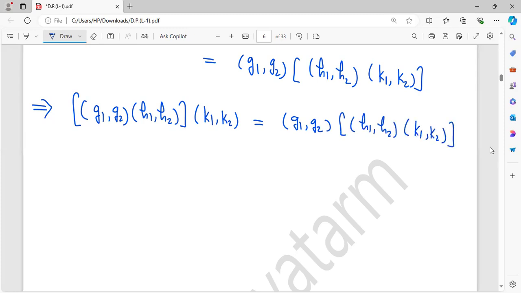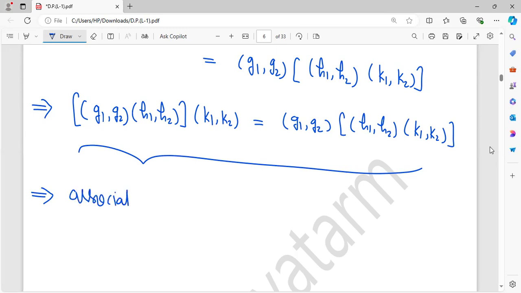Okay. So this is associative property. So this implies associative property holds in G1 cross G2. Okay.